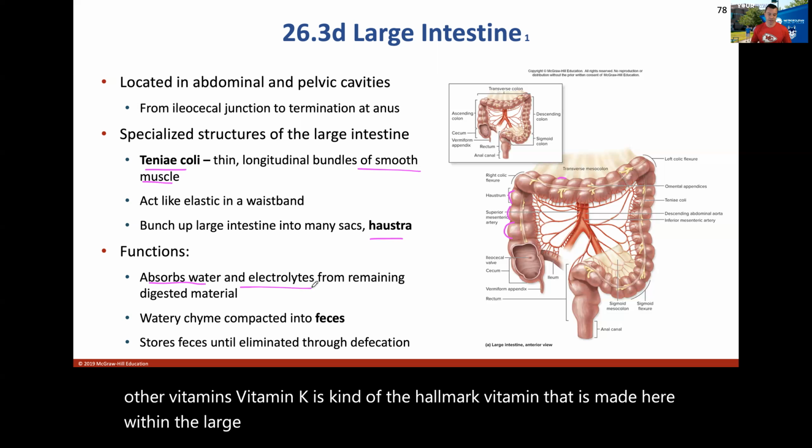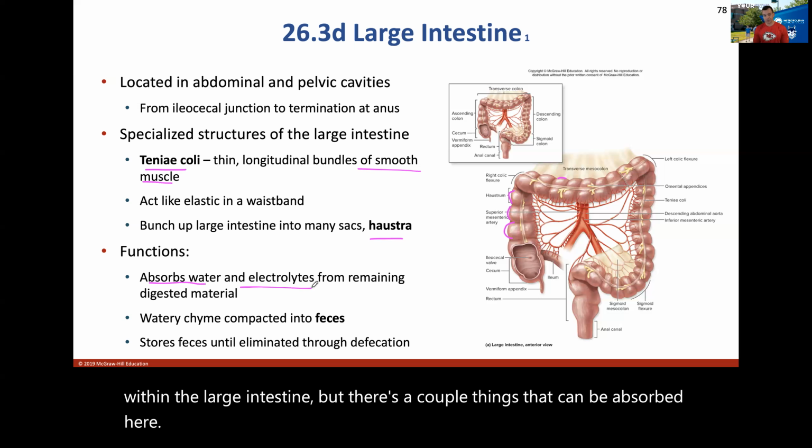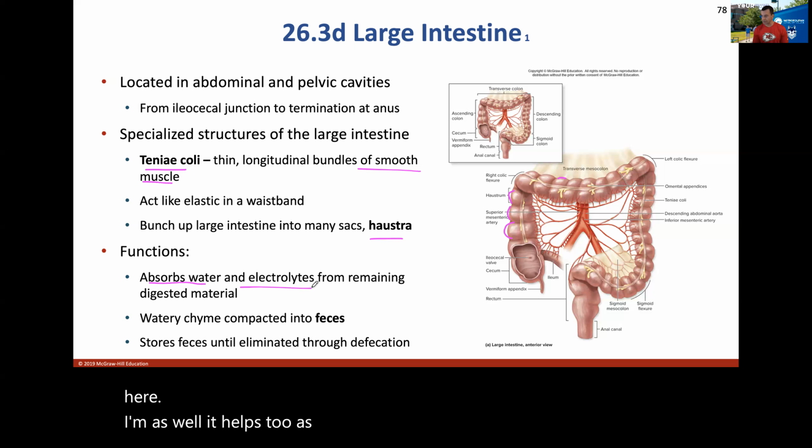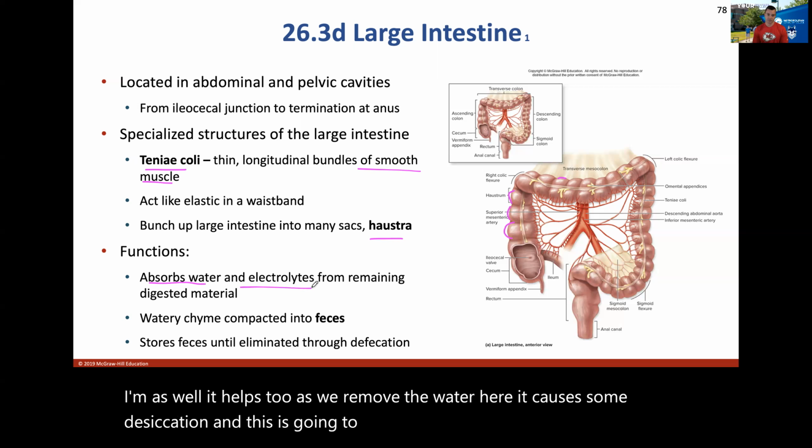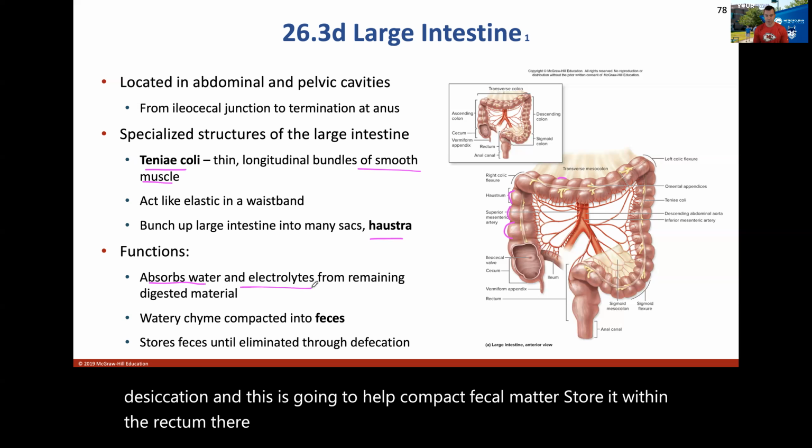A couple of other things can be absorbed here as well. As we remove the water, it causes some desiccation, and this helps to compact fecal matter, store it within the rectum, and ultimately get rid of it.